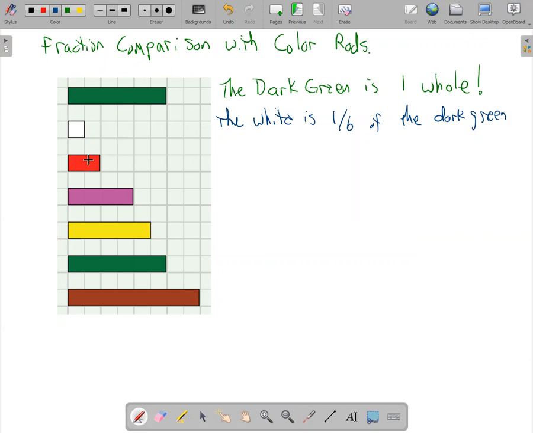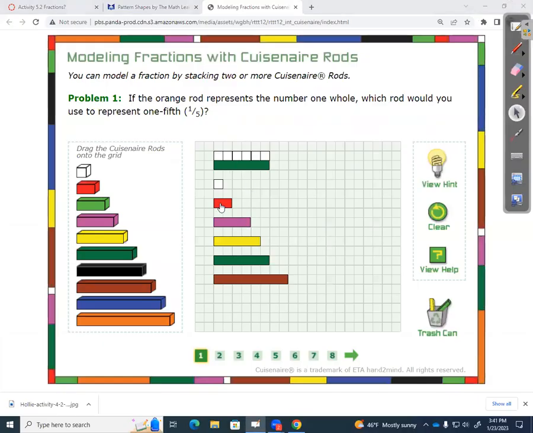And then the red one, I can line up some of those. So we have the kids play around, make a train out of the red ones. And I can see I need 3 of them to make the dark green. So one of them would be 1 out of 3 equal parts.